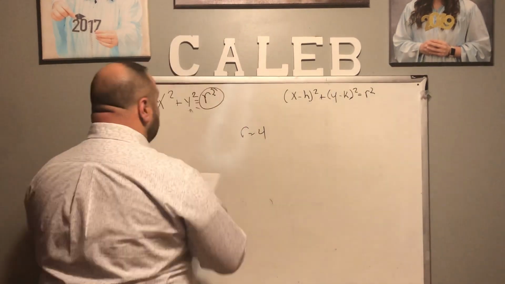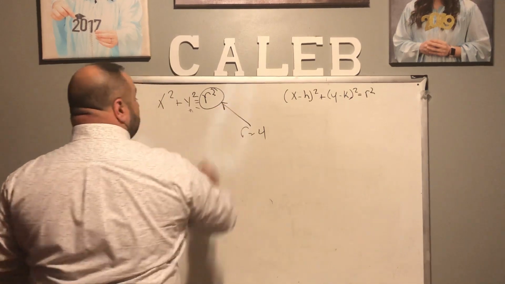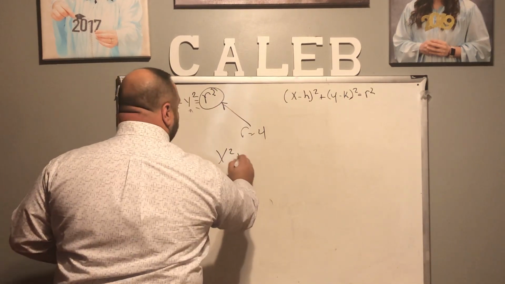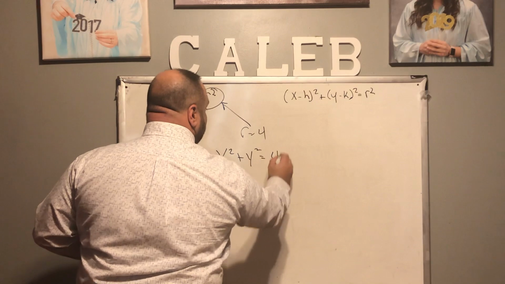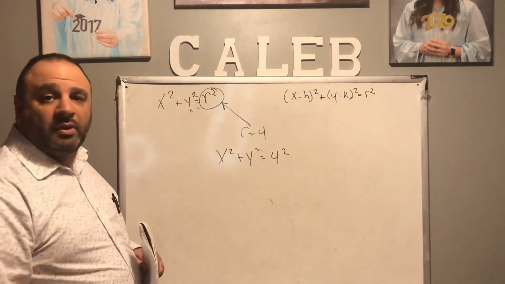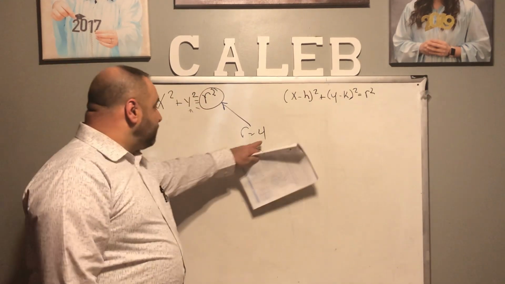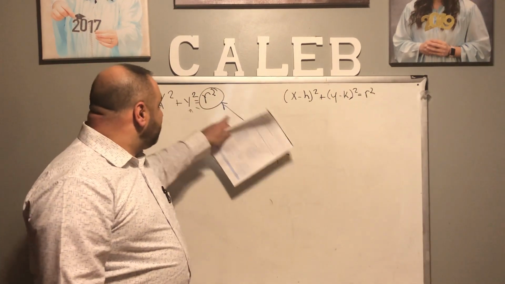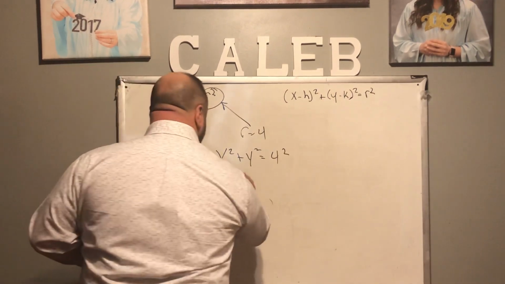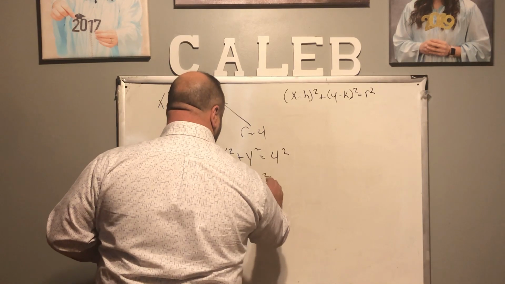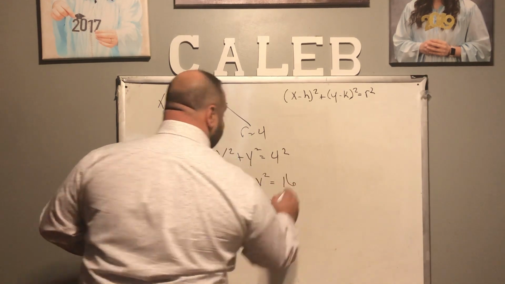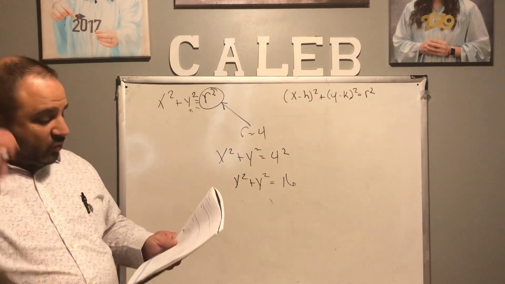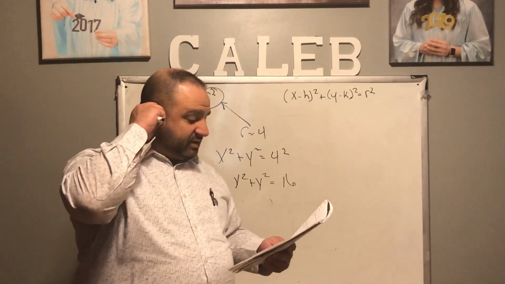Here's the equation, so I'm just going to go x squared plus y squared equals 4 squared. All I'm doing is substituting the 4 into the r. That's what r equals, so it's substitution. So now here's the answer: x squared plus y squared equals 16.